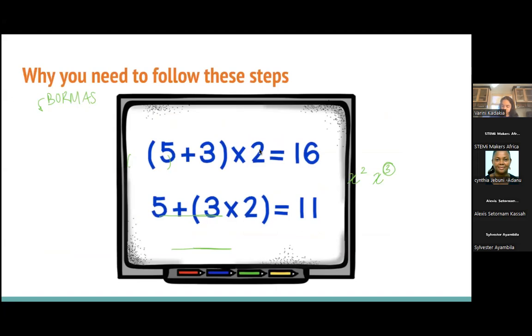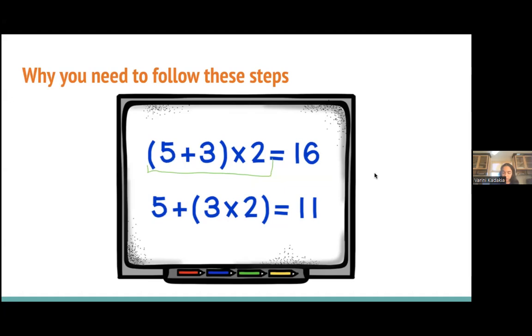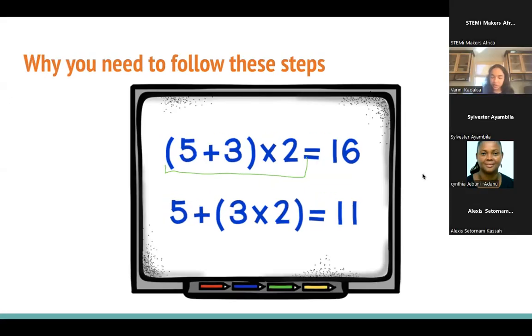So, how do you think we should compute this expression so that we could get 16? Does anyone have an idea of what the first step should be? So we're given this expression, and I just want to see how we can simplify it: parenthesis 5 plus 3 close parenthesis times 2 gets us 16.